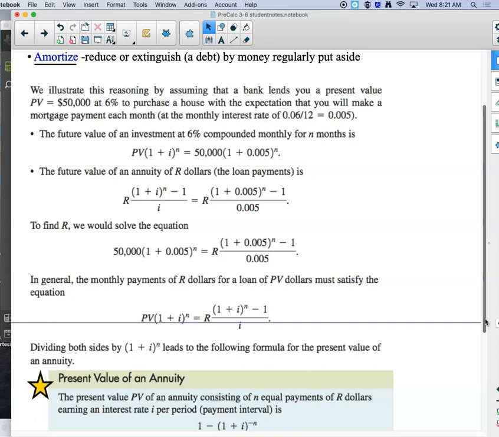In general, this would be the present value times 1 plus I to the n equals R times 1 plus I to the n minus 1 all over I. That formula looks familiar because that's our future value formula for the annuity.